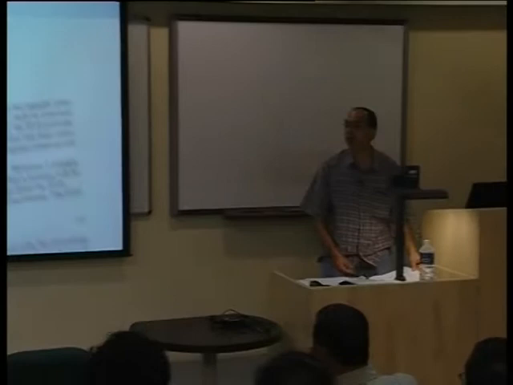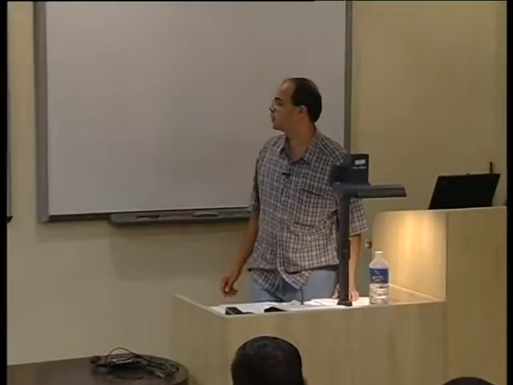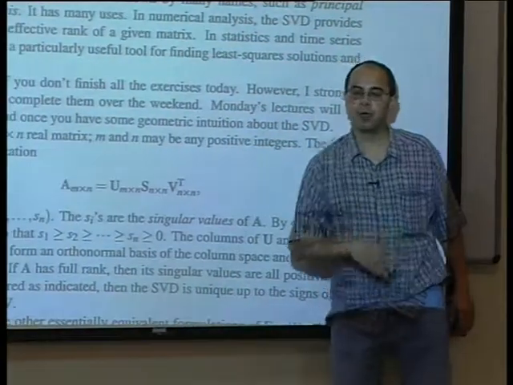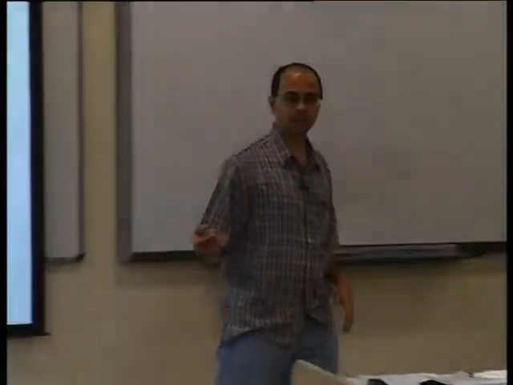In many cases it turns out that many of these singular values are close to 0, even if it's full rank, and then you could consider them to be 0, right?